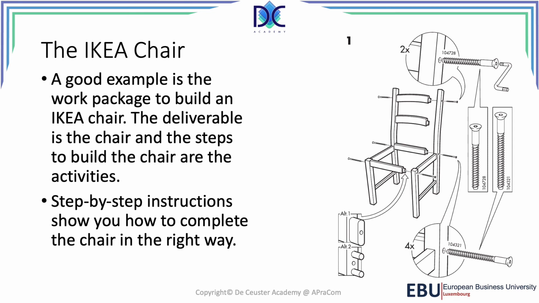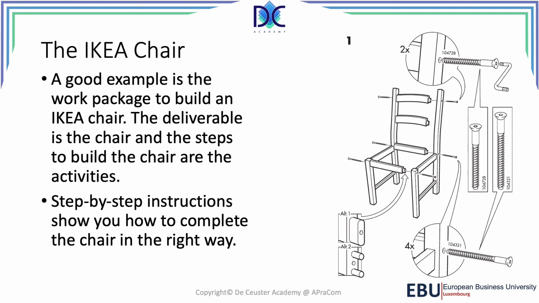You have to find the different items, you have to bring them together, then you assemble the other part of the chair. So there are different steps. Of course, for the chair, this is very easy, but when we look at a deliverable, which is, for example, a furniture piece, it can be quite complex to deal with.